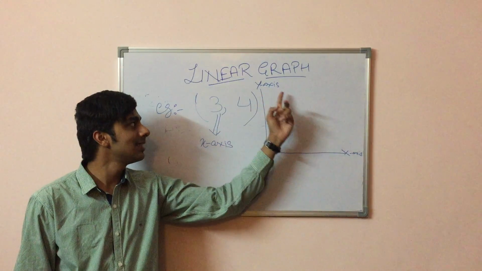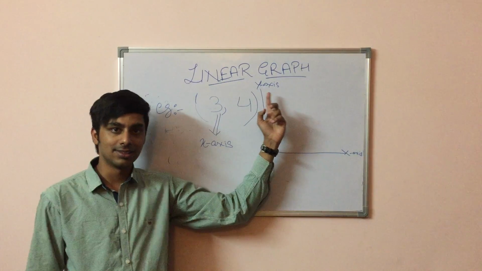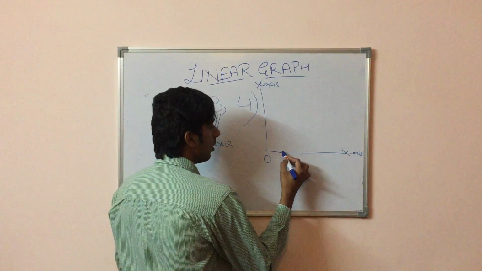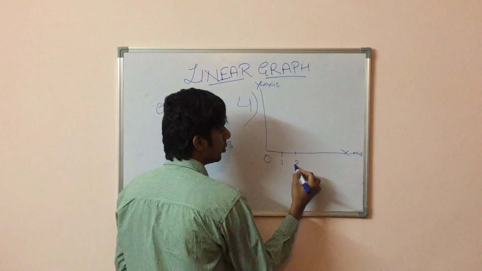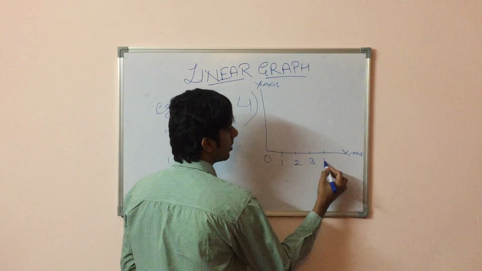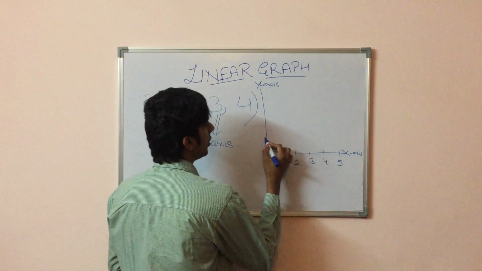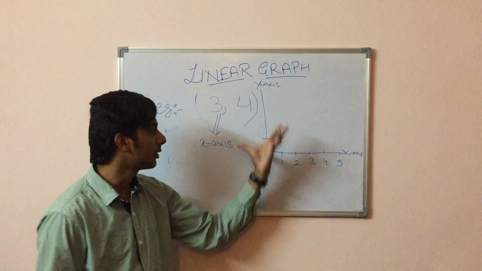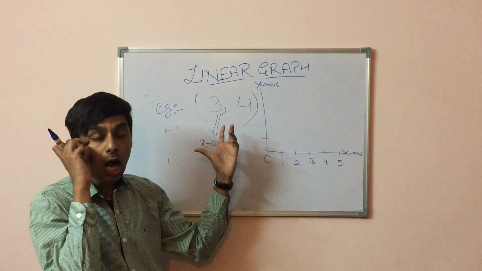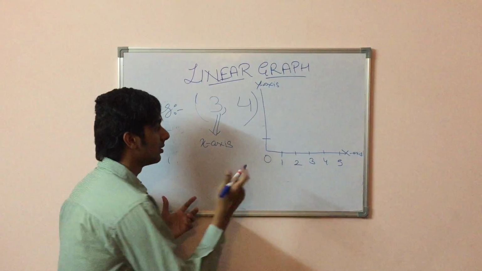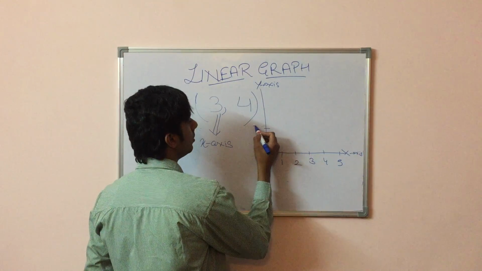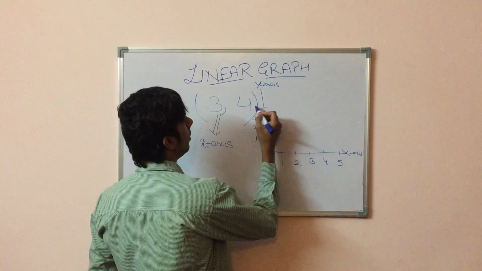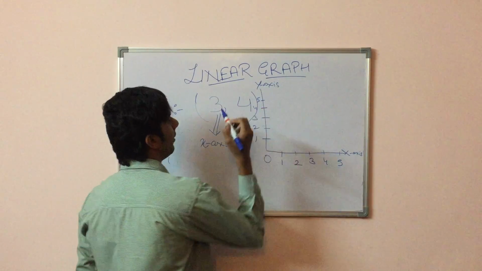This is x-axis and this is y-axis. Now, this is 1, this is 2, this is 3, this is 4, 5. I'm just plotting some points to explain how this example works.